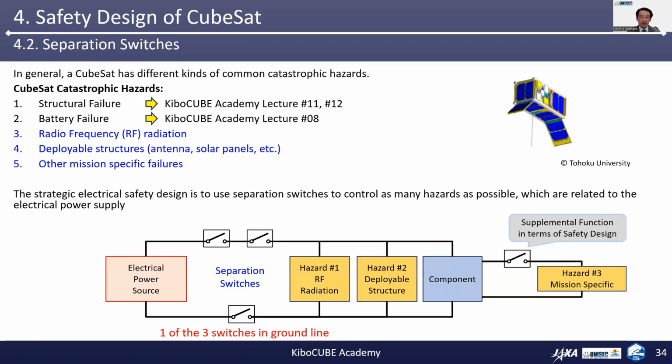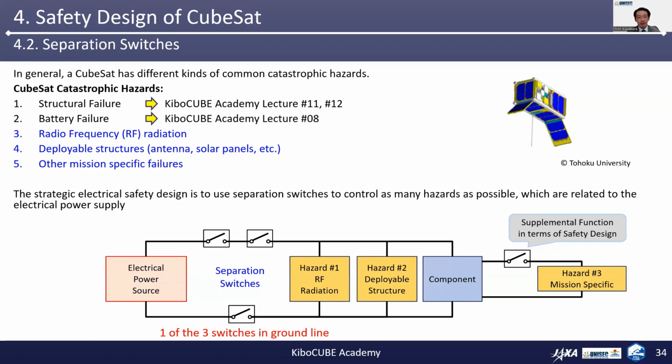As indicated in this slide, the electrical power source is separated from the left side with the 3 separation switches. In this way, hazards 1 and 2, which are RF radiation and deployable structure, respectively, are controlled in a double fault-tolerant manner.